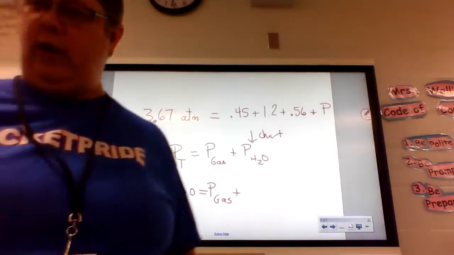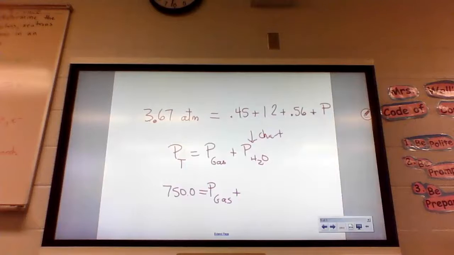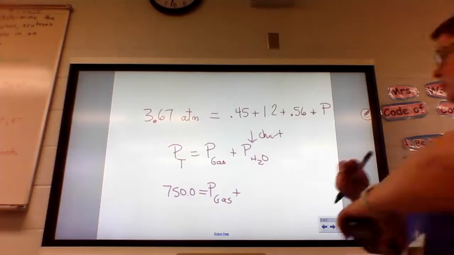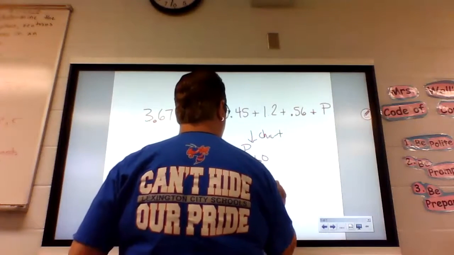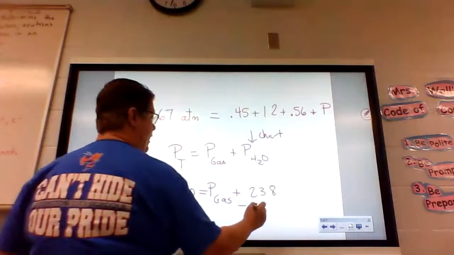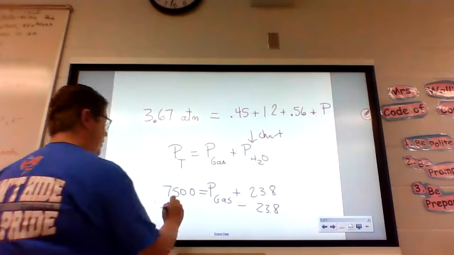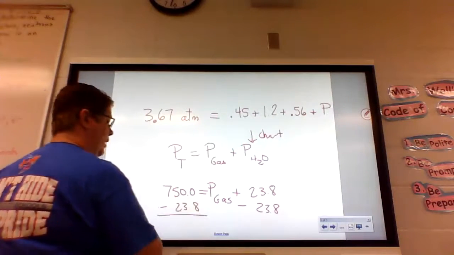On the chart, we look up 25 and mmHg. 25 and mmHg is 23.8. We okay with 23.8? So subtract 23.8, and that's how you get the answer.